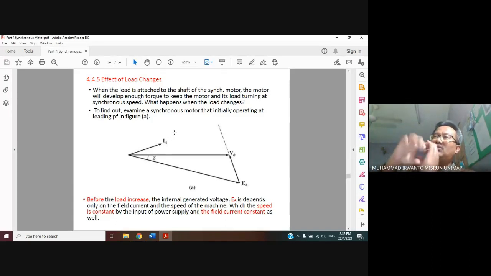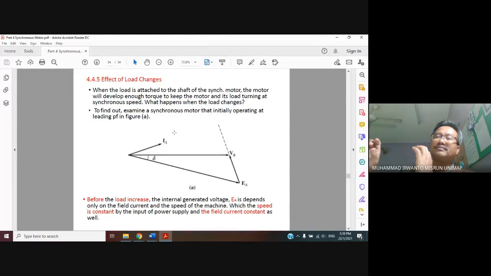Okay, and then motor move, ya. The moving of the motor meaning related to the speed, ya. The moving of the rotor of the synchronous motor depends on the load. Load ini yang dalam mechanical power, ya, mechanical power.